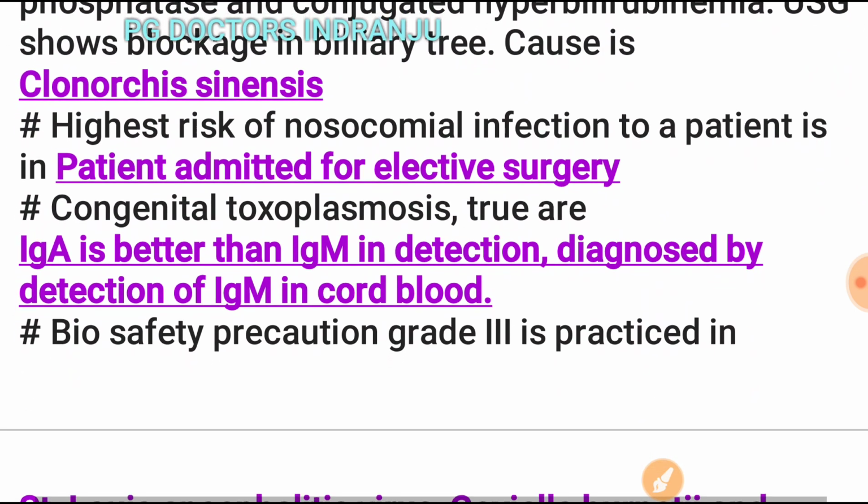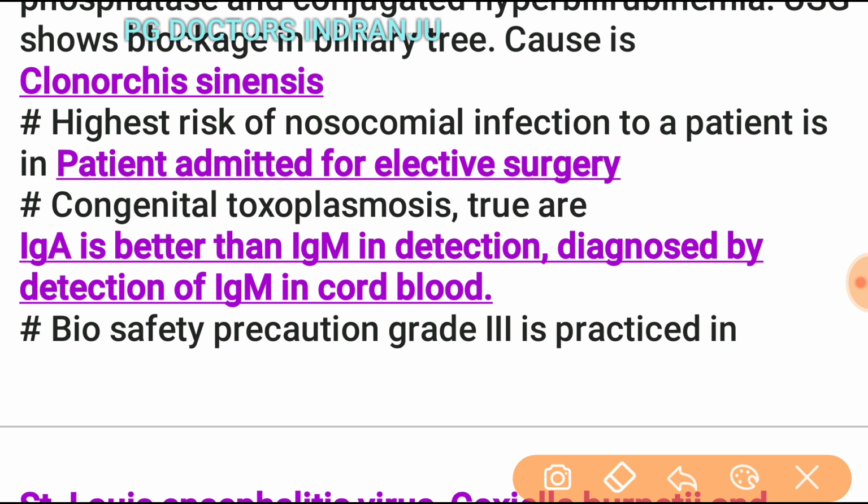Next, the highest risk of nosocomial infection is in patients admitted for elective surgery. Nosocomial infections occur most commonly in hospital-admitted patients.